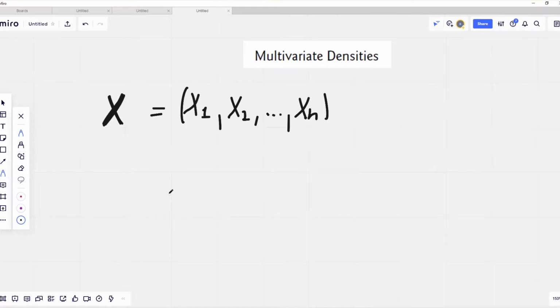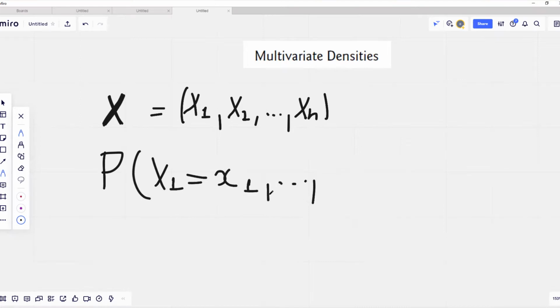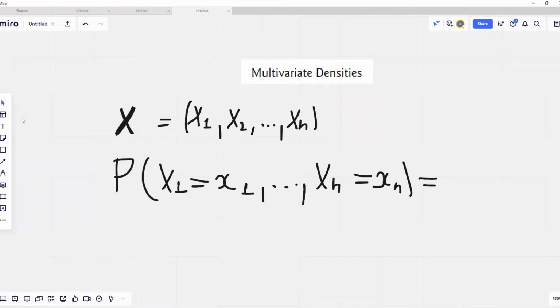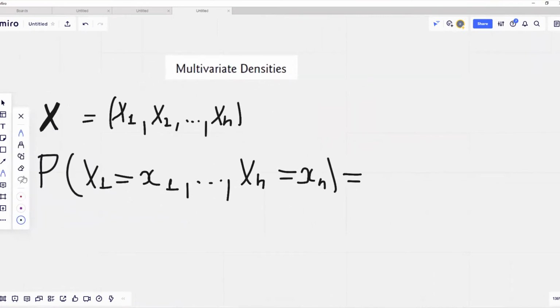Now, similar to the cases when we were working with two random variables, we start by looking at the PDF of discrete random variables. So in a multivariate case, the probability that random variable big X1 is equal to small x1, big X2 is equal to small x2, and so on, random variable big Xn is equal to small xn, in a case when all these random variables are discrete, can be found using its PMF function.